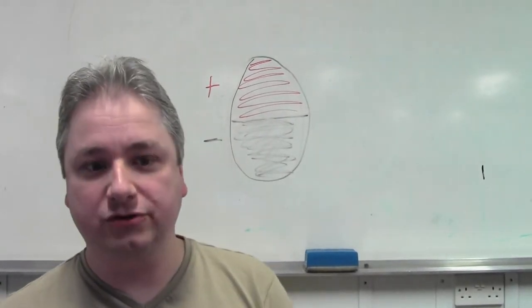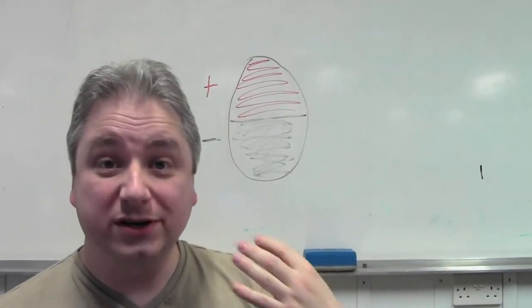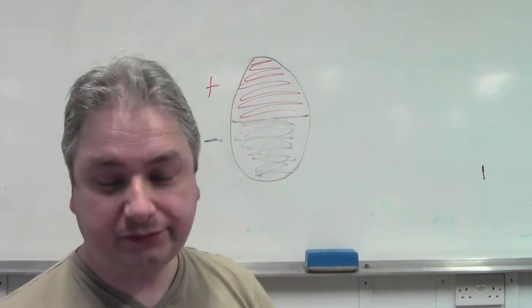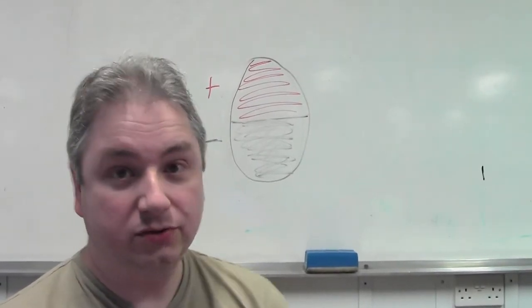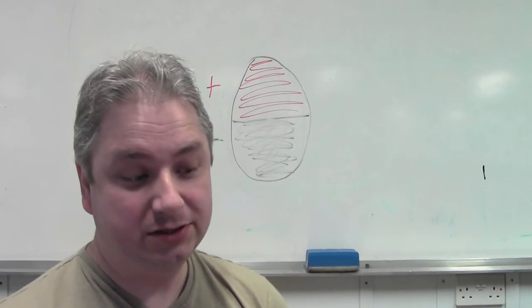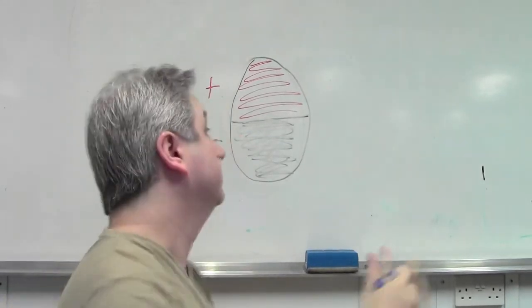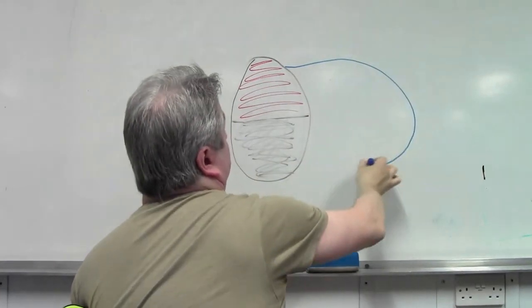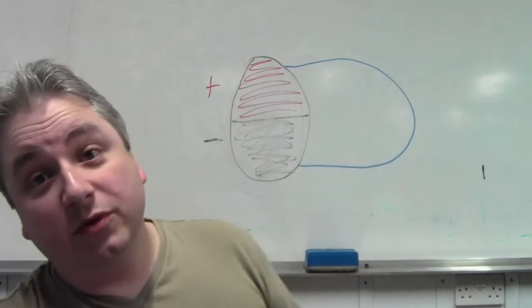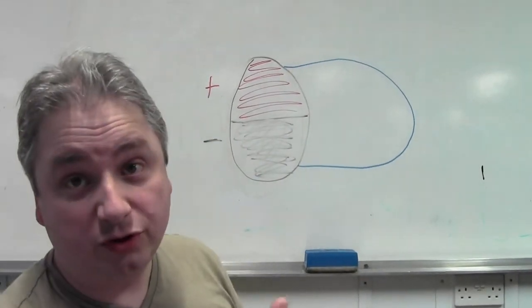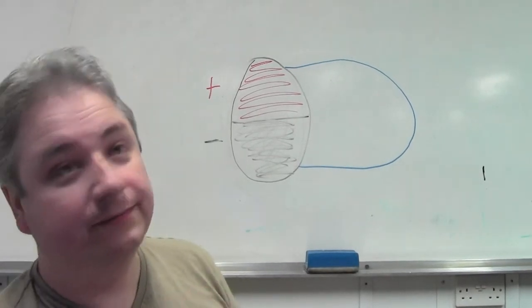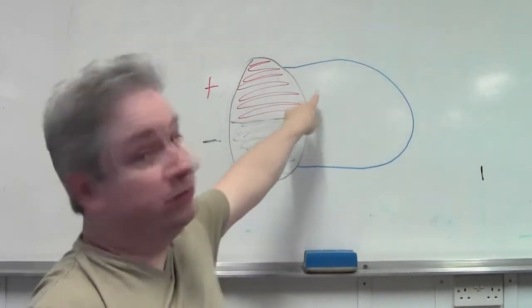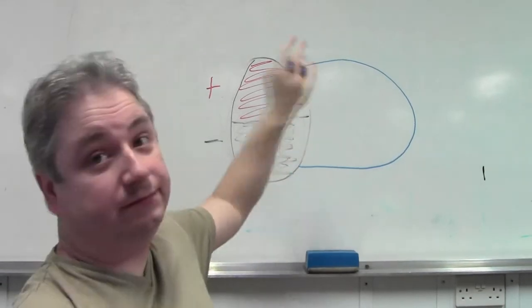So as an electronic engineer, what we need to do is create a path. And in order to do that, the easiest way is this. There we go, we've created a path, or a conduit if you like, or a track, from positive to negative.